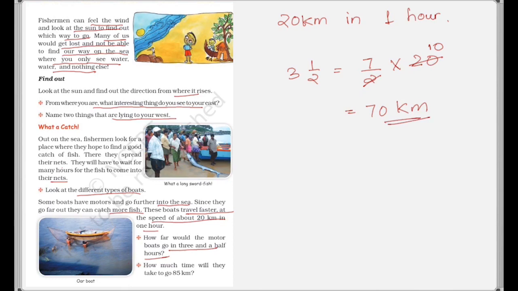And how much time will it take to go 85 kilometers? To calculate this, for 1 kilometer it will take 1 by 20 hours. So for 85 kilometers it will be 85 into 1 by 20 hours.